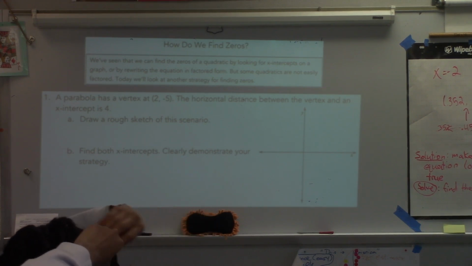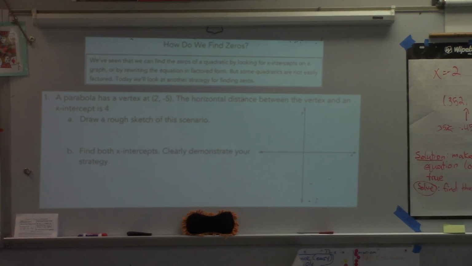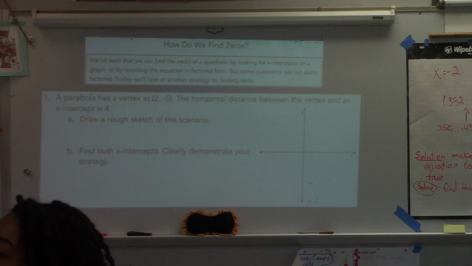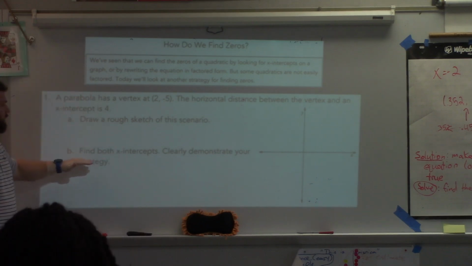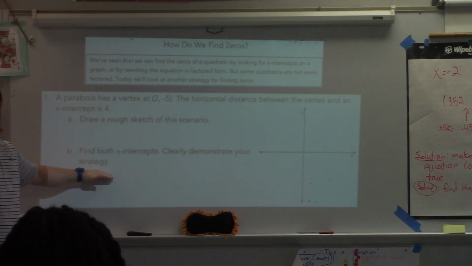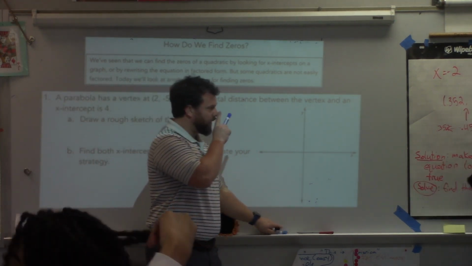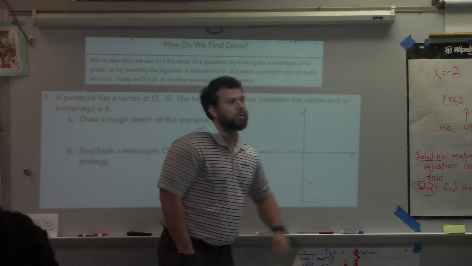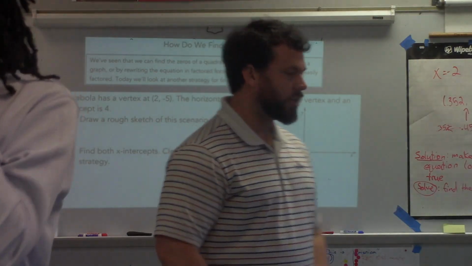It has a vertex of 2, negative 5. And we know an x-intercept, right? I need you to use those features to sketch out what we already have and then find the other x-intercepts. Because how many x-intercepts do parabolas normally have? 2. I need you to find the other one. Work with your small group on drawing this out, making sense out of this. Just a couple minutes.